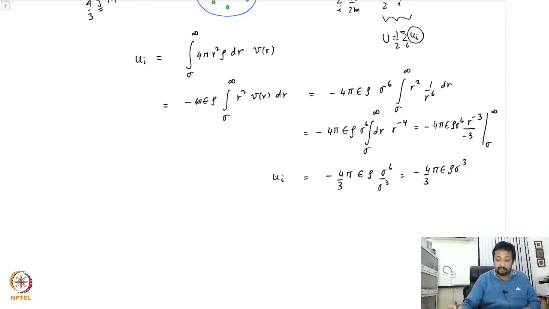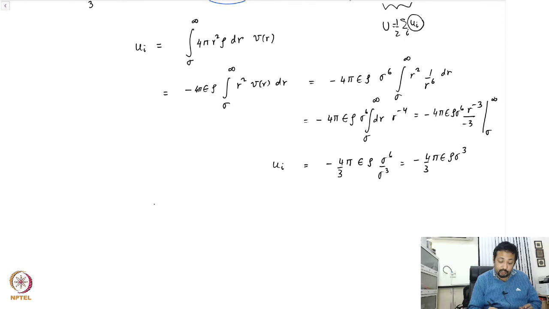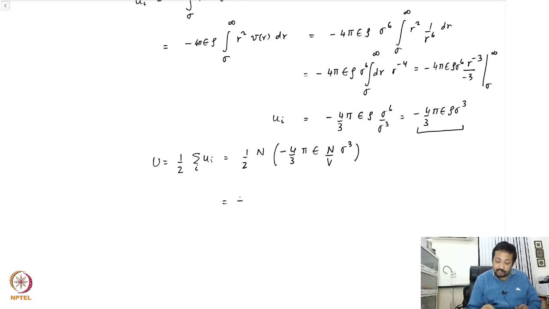which is no longer dependent on the position, so that the total energy is now half the sum over ui, which is half n times this number, minus 4 by 3 pi epsilon rho sigma cube, where the density rho is n by V. Now you clearly see that this quantity is minus A times n square over V. This is your potential energy.